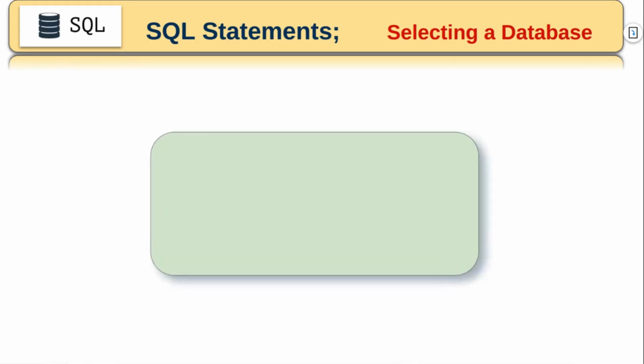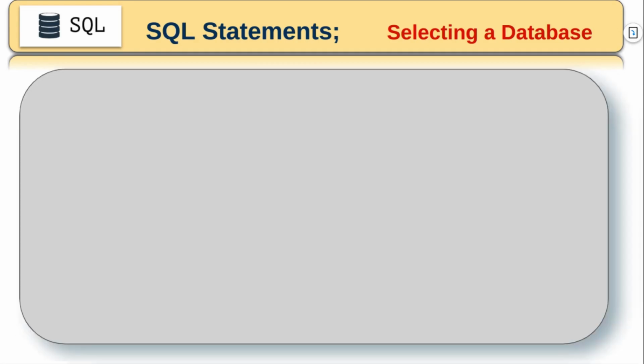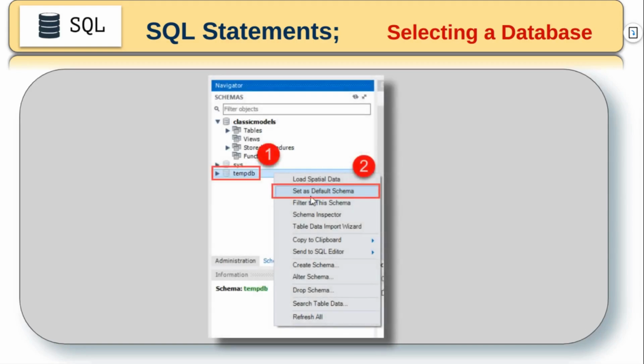Next thing we can do with the Workbench, you can select another database by issuing the use statement or use the set as default schema option, as we have seen in the previous slide. This is the order you can follow.